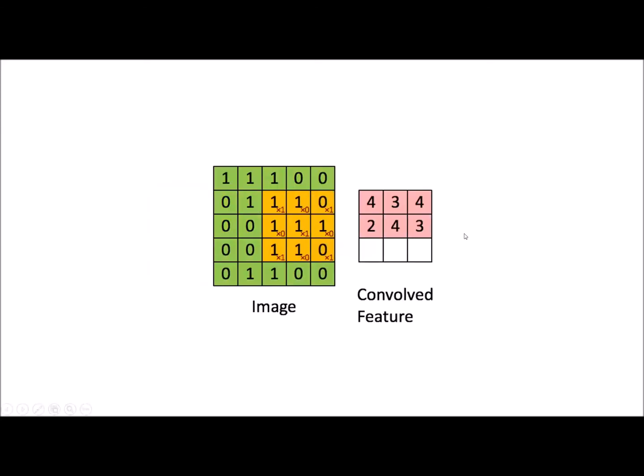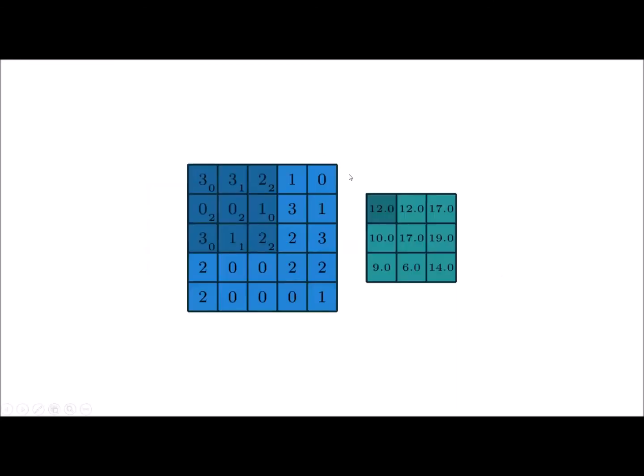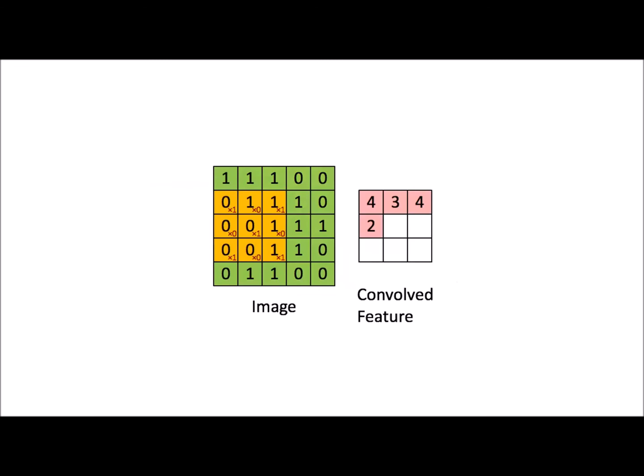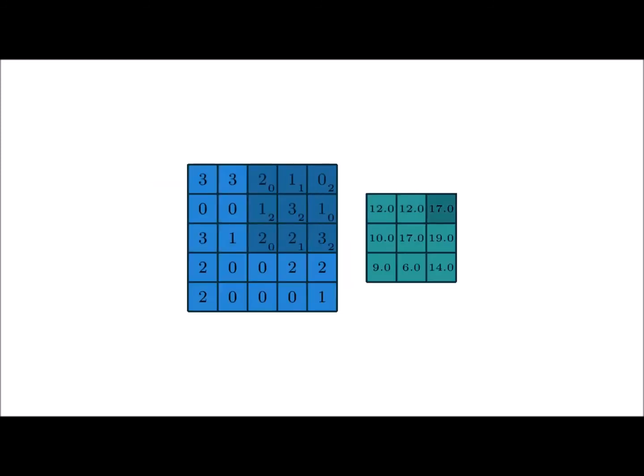Here you can observe we have taken another 5 by 5 input image. In order to make it convenient, you can observe how the transition of the filter is taking place. And similarly, we have taken another. Here the filter we have considered is 0, 1, 2, and 2, 2, 0, and 0, 1, 2.